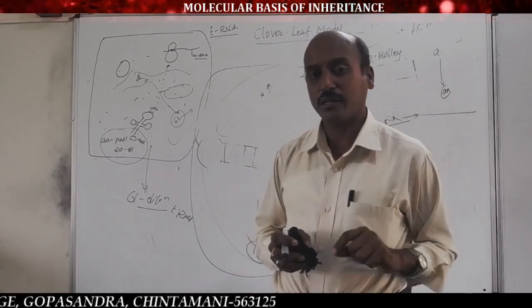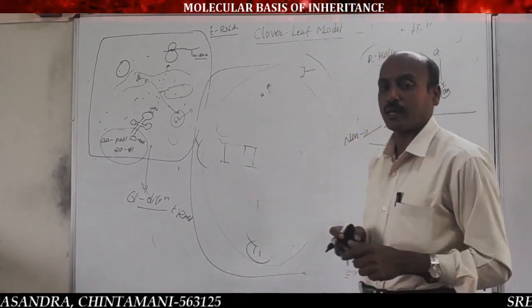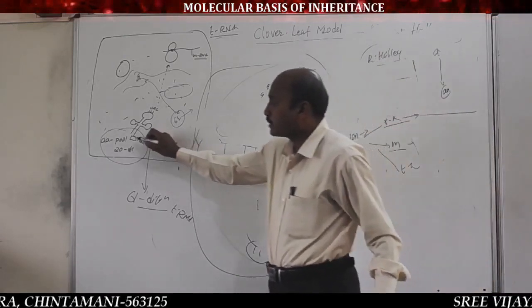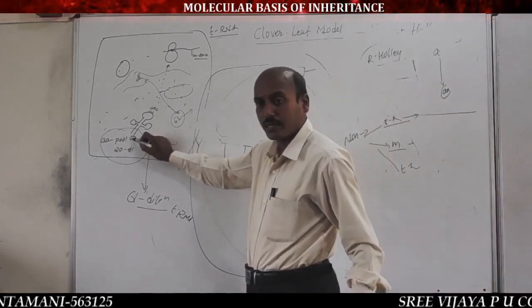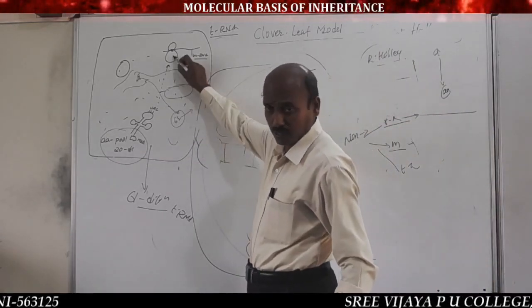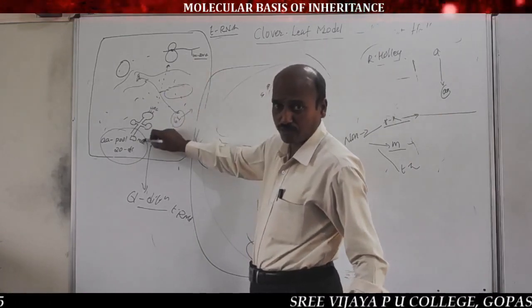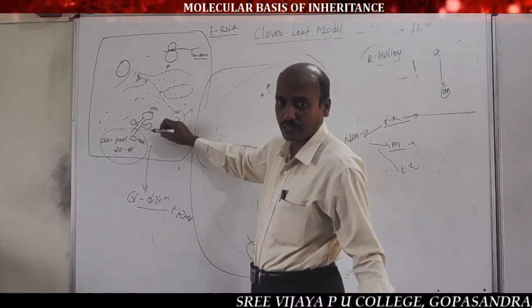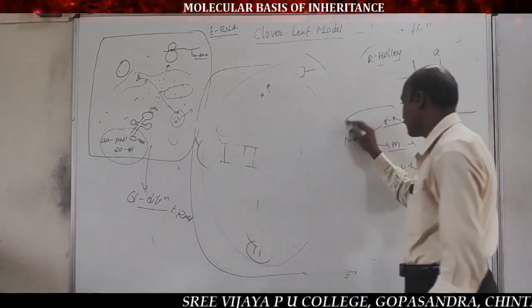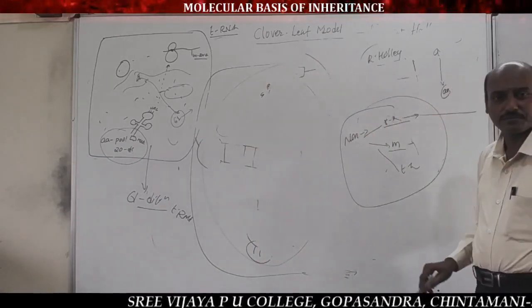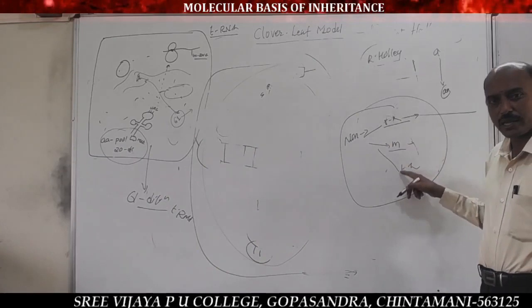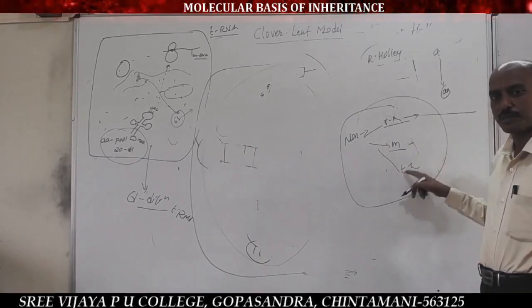Function of tRNA: it carries the specific activated amino acid from the cytoplasm to the ribosomes. tRNA is also called adapter RNA or soluble RNA. This is one simple 3-mark question: non-genetic RNA, their types with their respective functions.